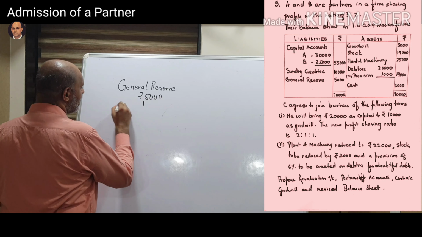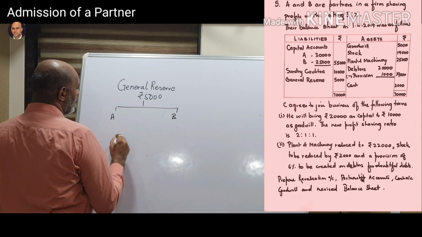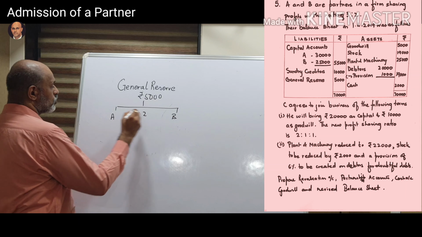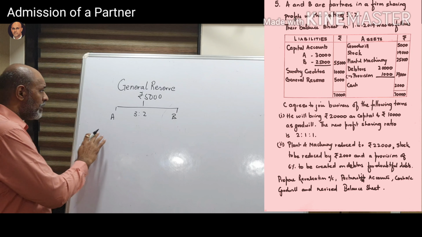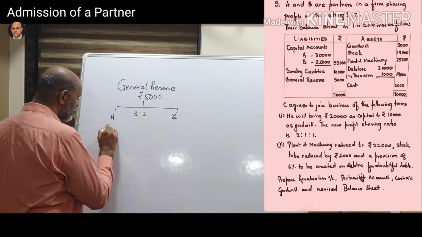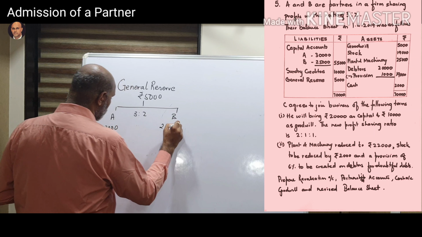So this will have to be distributed between A and B in the old ratio 3:2, whichever is given to you. So 3/5, that would be 3,000 will go to A and 2,000 will go to B.